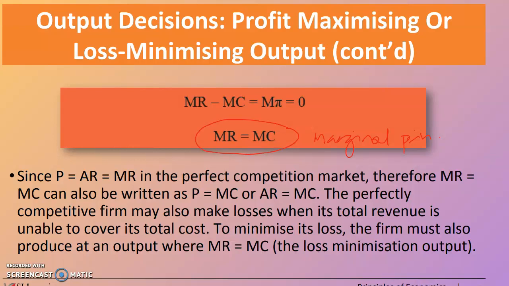Since we know that price equals average revenue and also equals marginal revenue in a perfectly competitive firm, when we say MR equals MC, we can also write it down as P equals MC or AR equals MC.